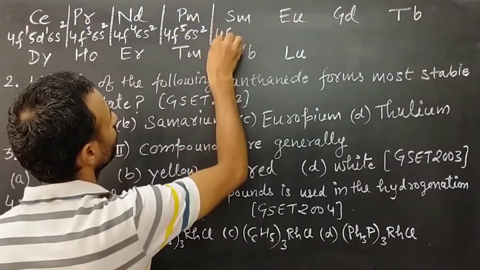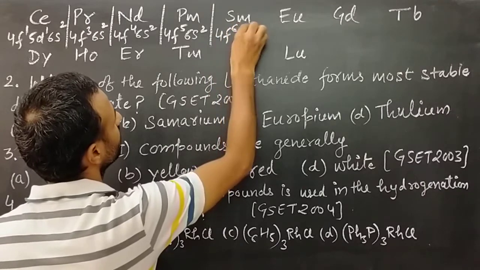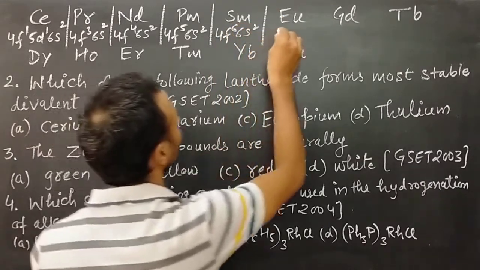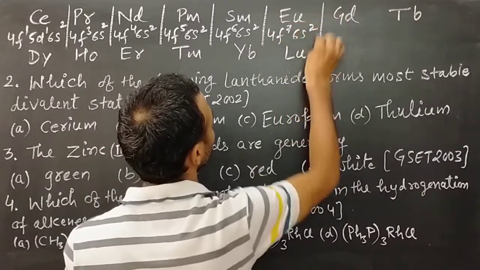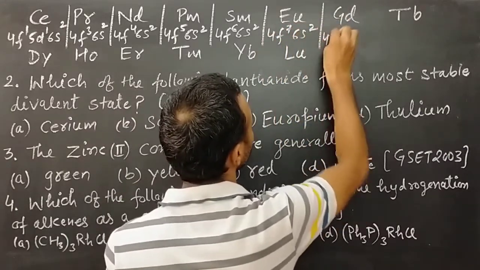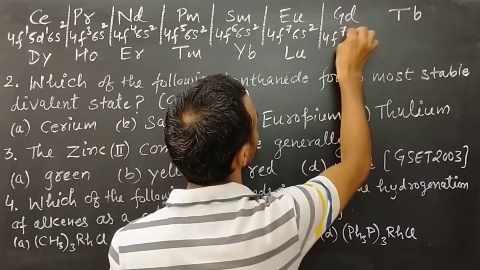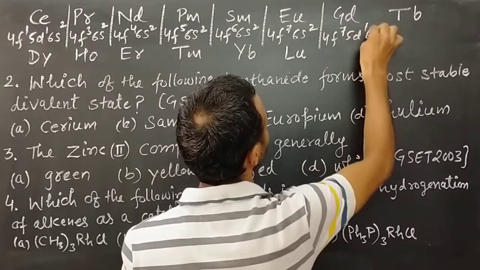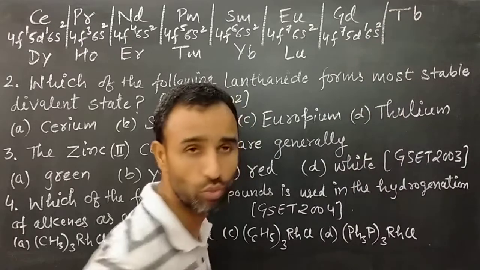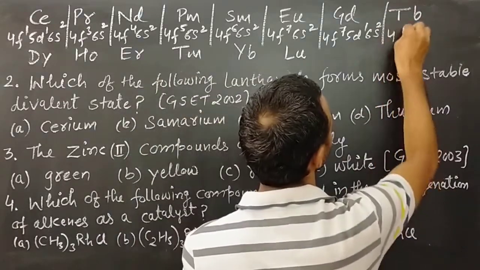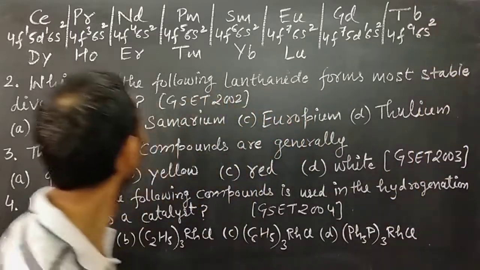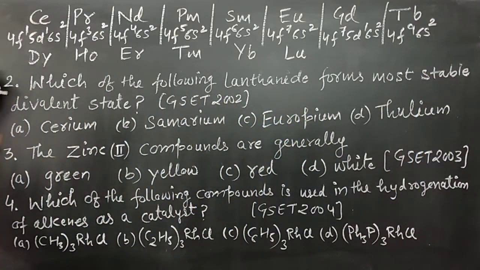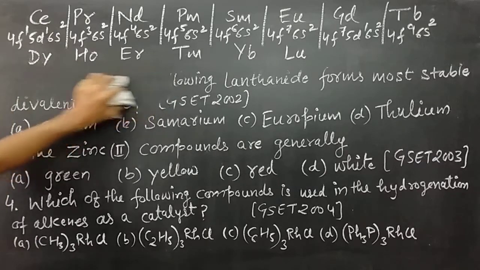Samarium is 4f6, 6s2. Europium is 4f7, 6s2. Gadolinium is 4f7, 5d1, 6s2. Terbium is 4f9, 6s2.